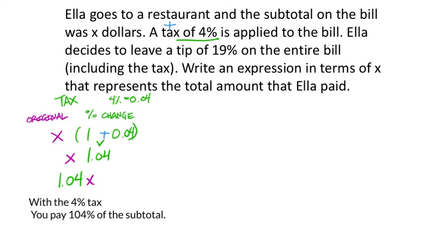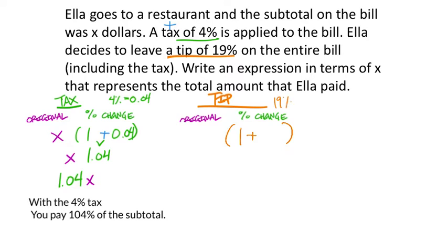But then, in addition to the tax, they're saying, well, now we got to have a tip as well. So we're going to tack on a tip to that too. So the same exact expression here. We're still looking at an original times the percent of change. And the percent of change, we know, again, you're paying 100%, but in addition to that, you're adding 19%, which is 0.19.